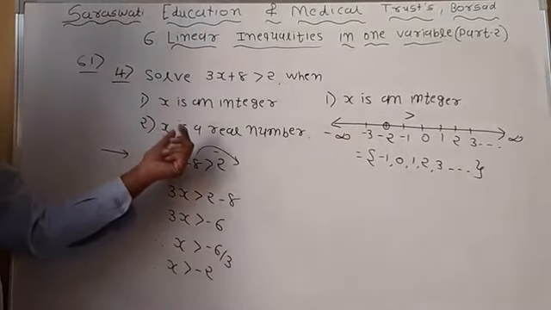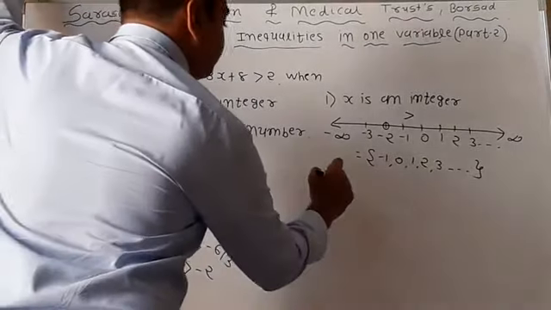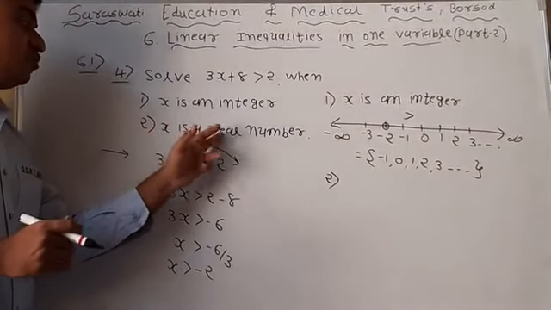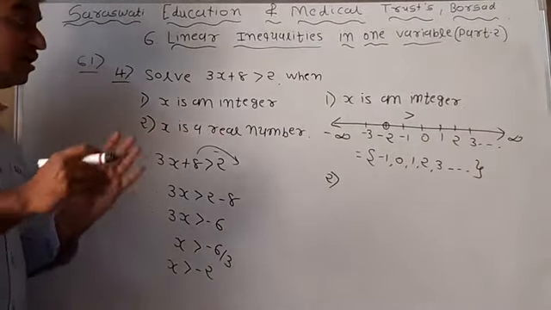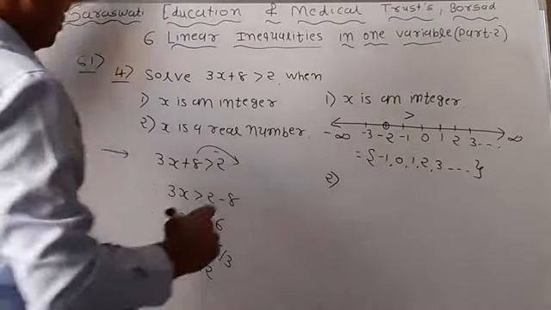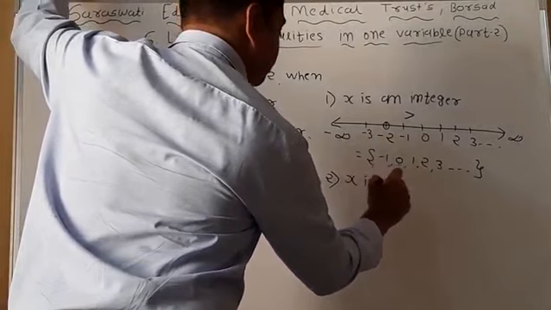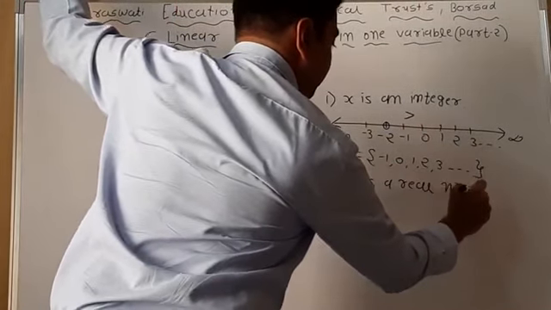Now in the second one, x is a real number, and we already discussed this topic. If x is a real number, the answer is written in interval form. So we write x is a real number.